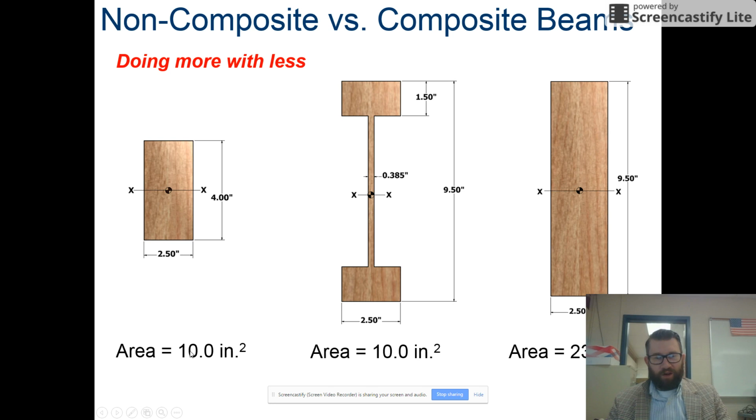Now notice the area here, 10 square inches with the I-beam, but you have 23.8 square inches with the rectangular beam. Doesn't seem like that much, but when you're using lots and lots of beams to build a structure, that difference adds up quickly. So you're not really sacrificing that much stiffness with an I-beam versus a rectangular beam. 178 versus 130, but down here you have 13.3 inches to the fourth.